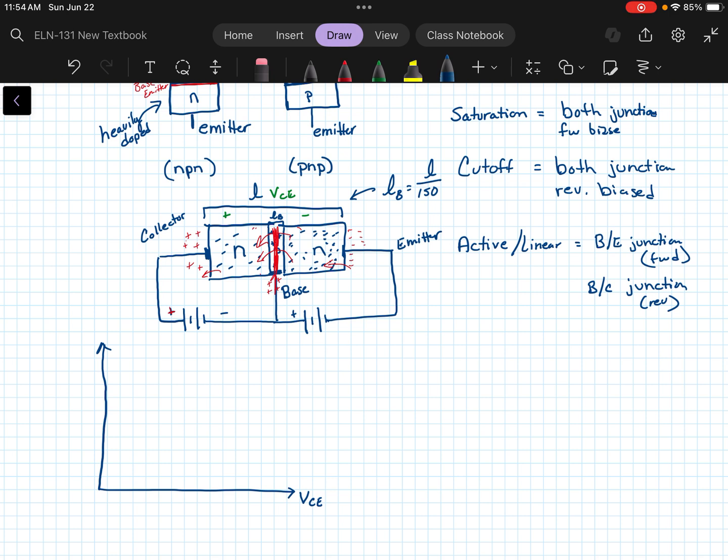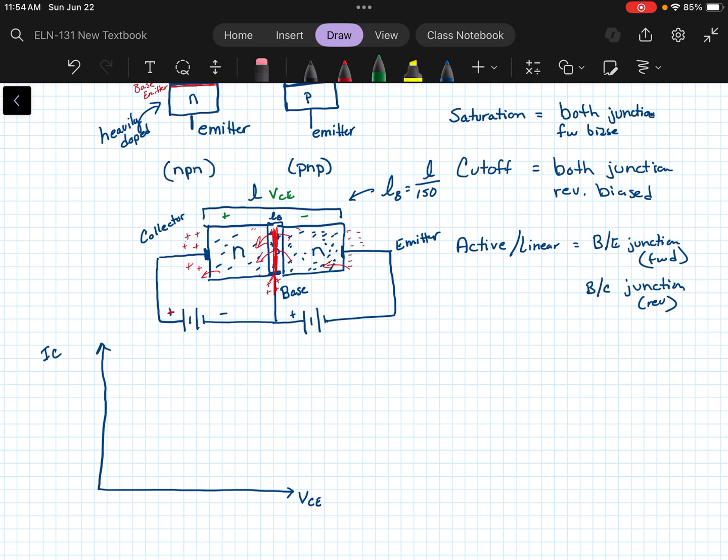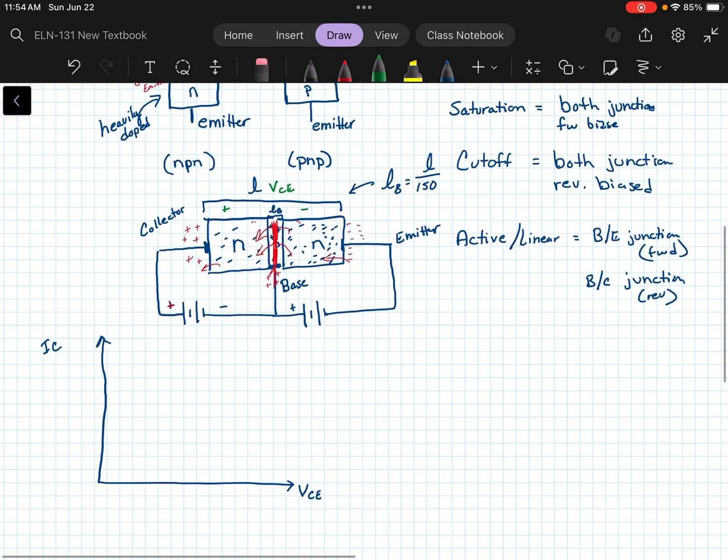We would also look at the collector current, which, if we're talking about conventional flow, and remember the red marks that I made here were electron flow, the direction of the electrons, but what we're actually looking at is that the conventional current would flow from the collector to the emitter. Current would be coming in at the base as well. So that would be our base current, our collector current, and our emitter current here.